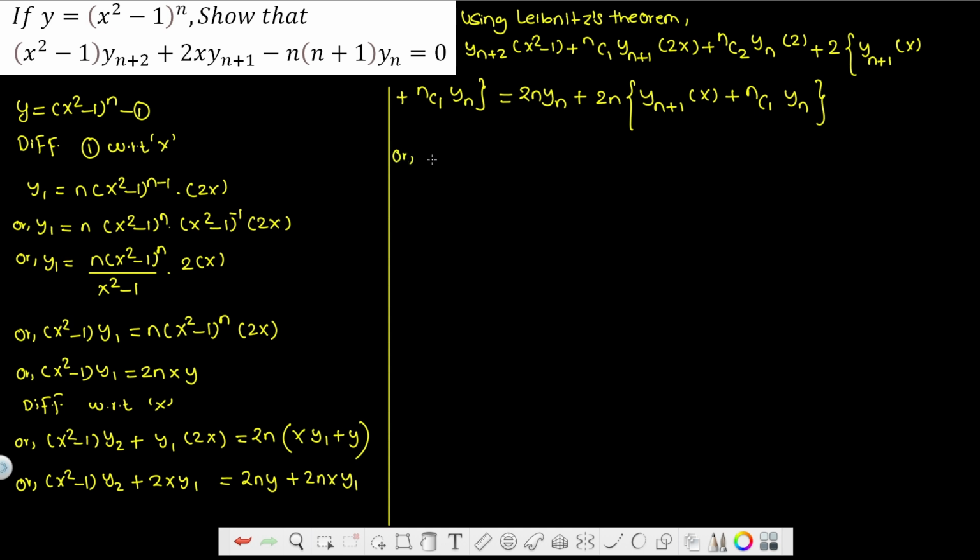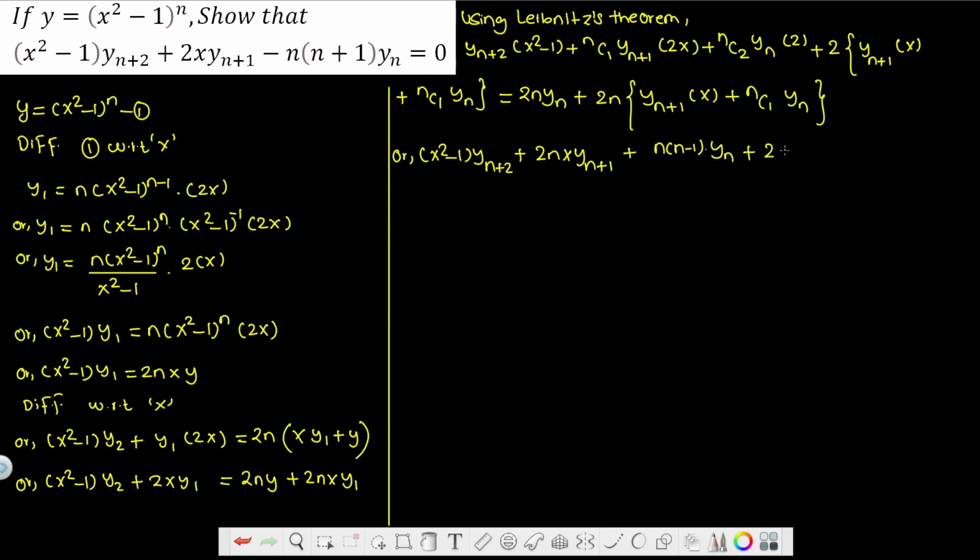Or (x square minus 1) y n+2 plus nC1 is just n, so we can write it as 2n x y n+1 plus nC2 is n times n minus 1 over 2. Since this 2 and this 2 will cancel, we don't have to write this. We can just write n times n minus 1 times yn plus distribute 2 inside the bracket.